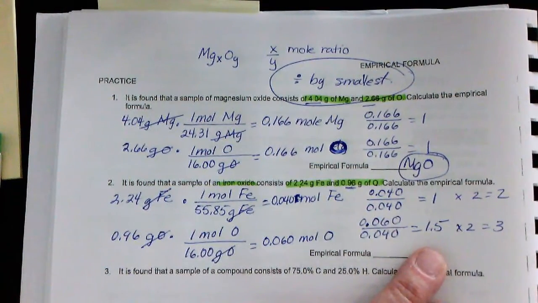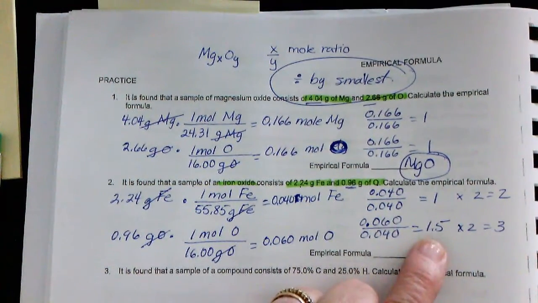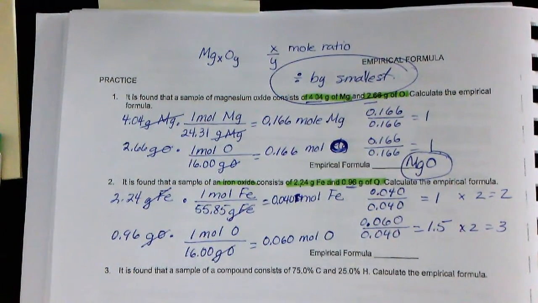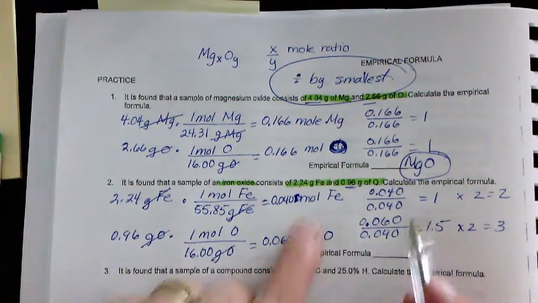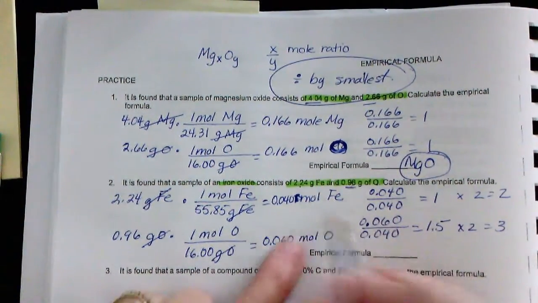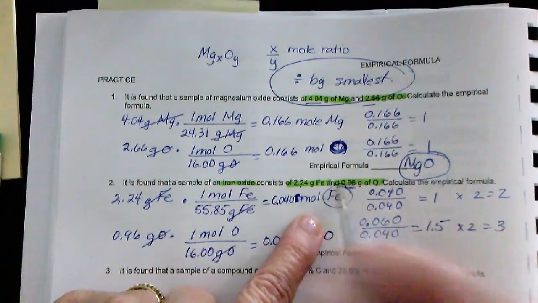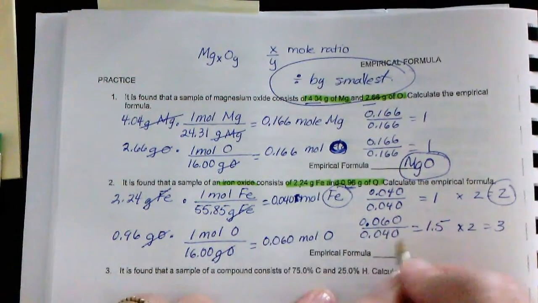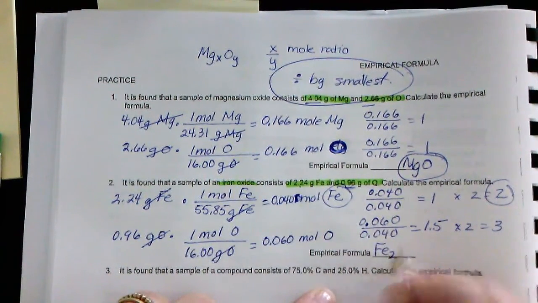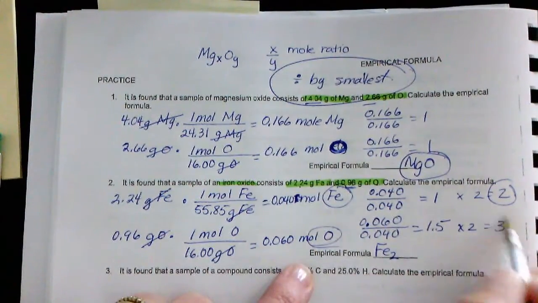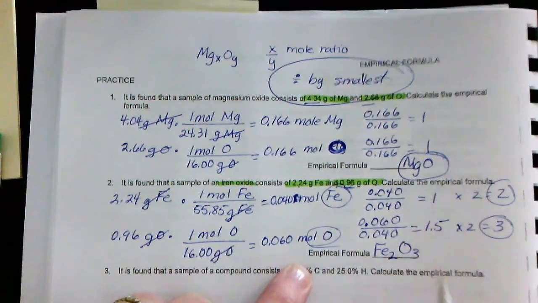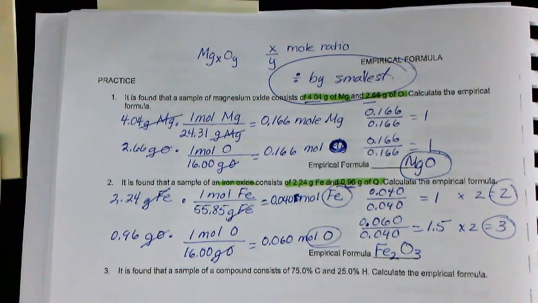Everybody see what I did there? And it's because this is a 0.5. So when you have a 0.5, you double both numbers, okay? So what that means is that my iron is a 2 and my oxygen is a 3. And there would be my iron oxide.